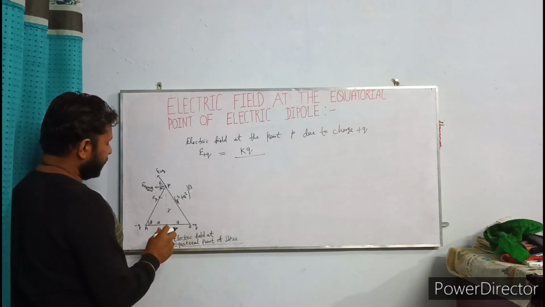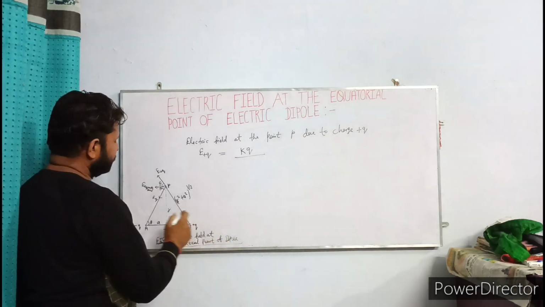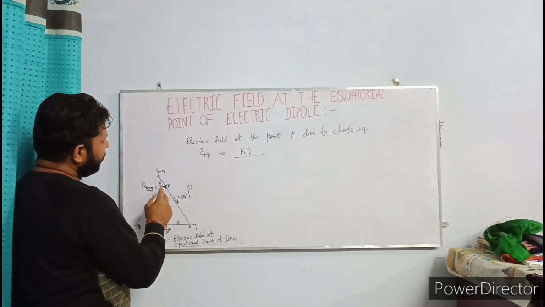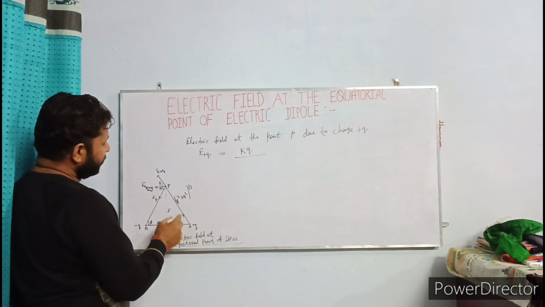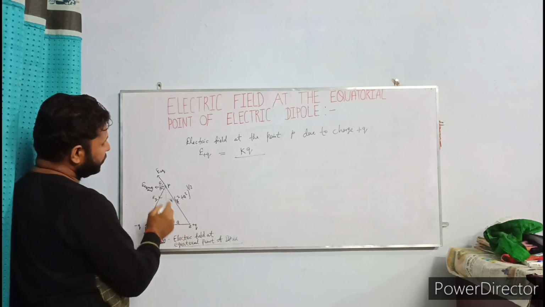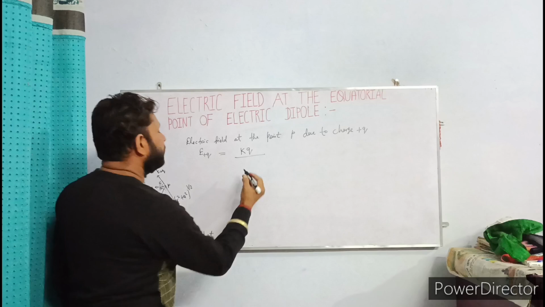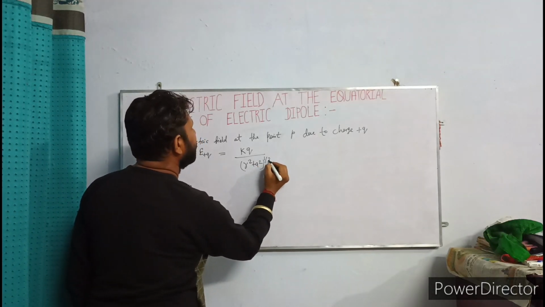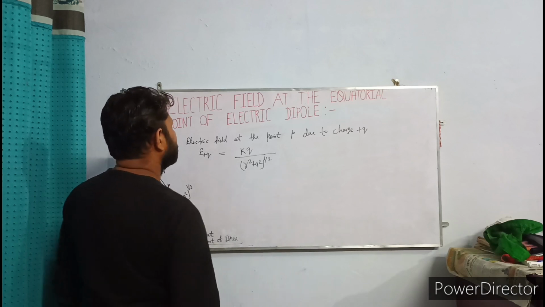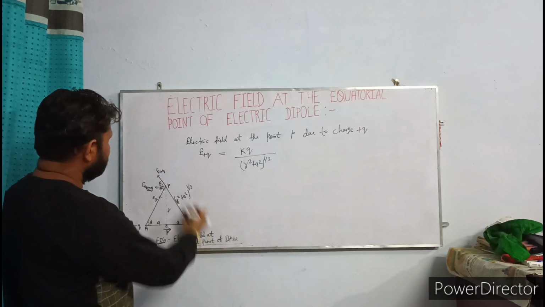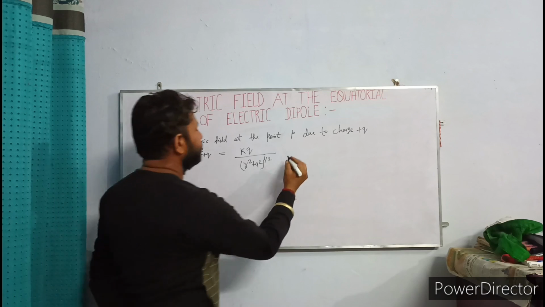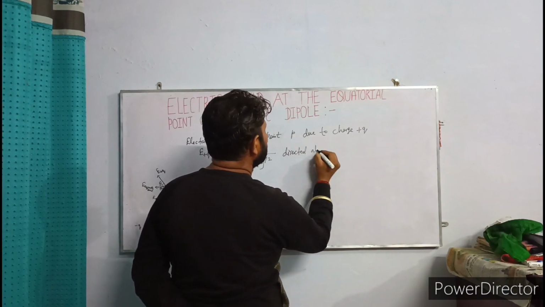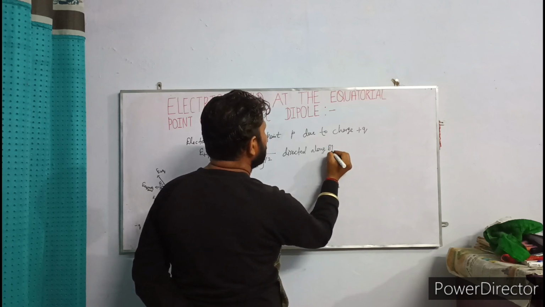Here we can see that we have already found the distance. If it is a plus q and we have to calculate the electric field at point P, then what will be the value of the distance? It is r square plus a square, power 1 by 2. Okay, students, and the direction is directed along BP.